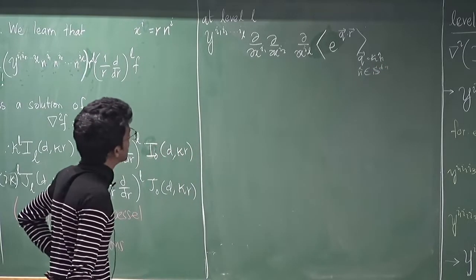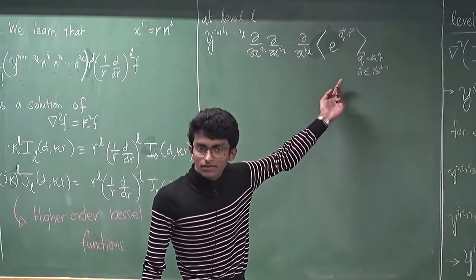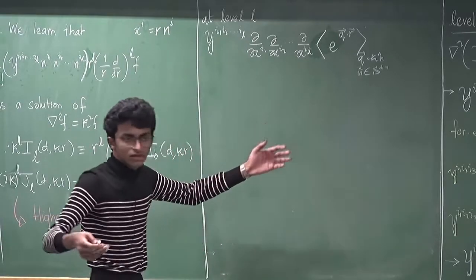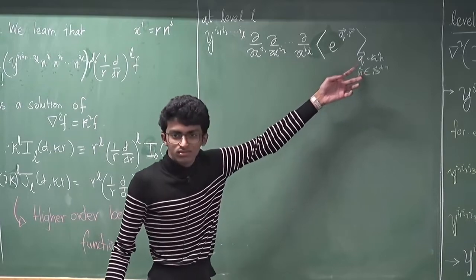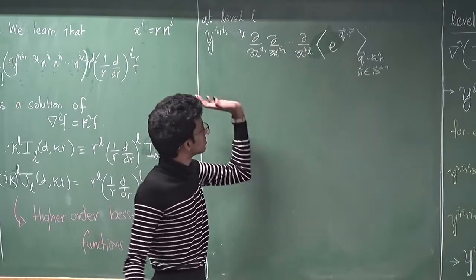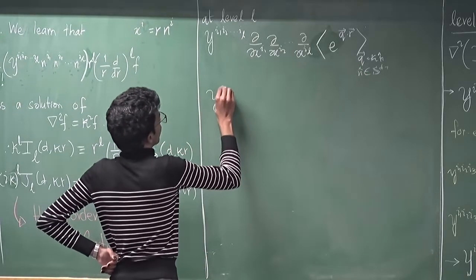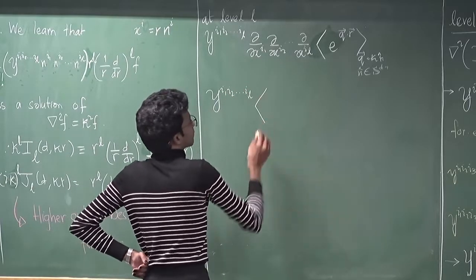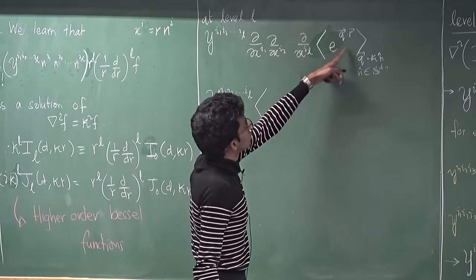These derivatives will go through the spherical average, because the spherical average is over a sphere, but that's in q. Doesn't matter to the r, so this will go through. So this will be Y_{i1, i2, all the way up till iL}. All these derivatives, when acting on e to the q dot r, what will it give?